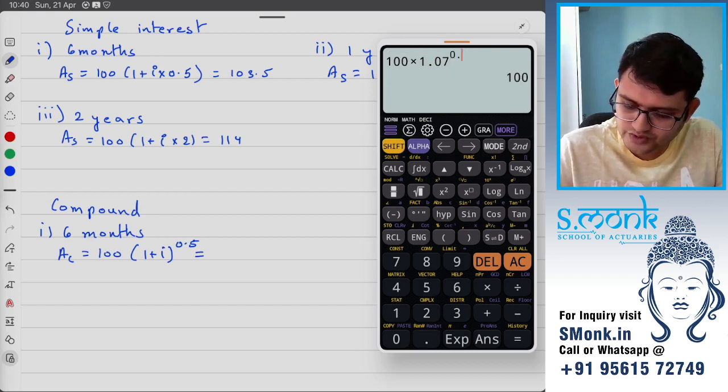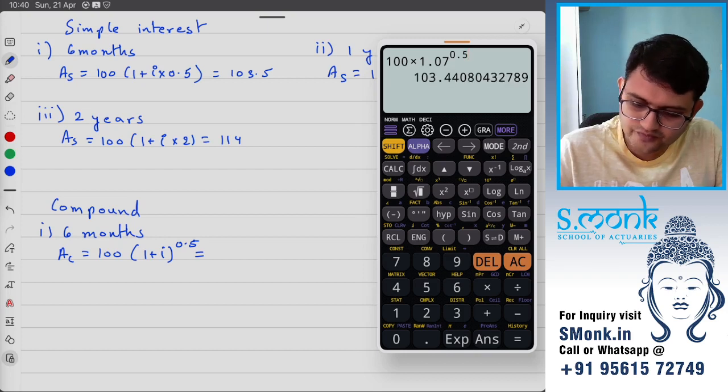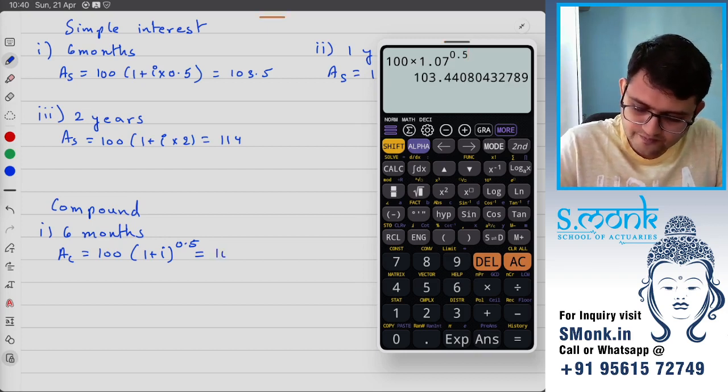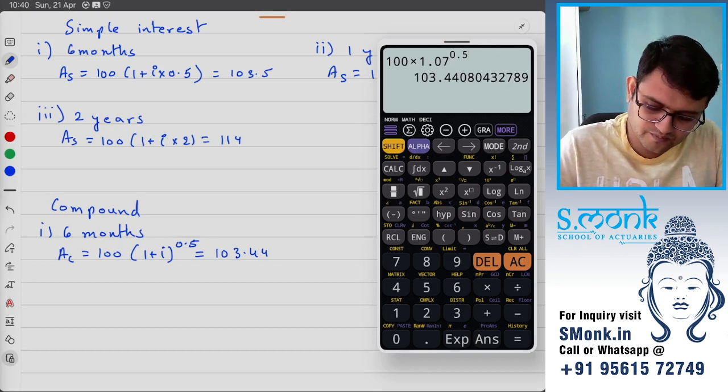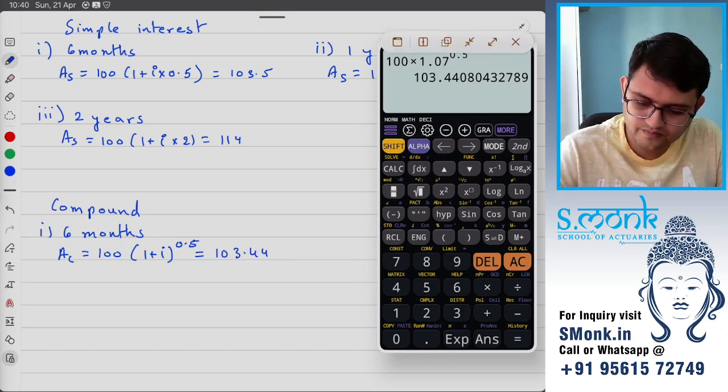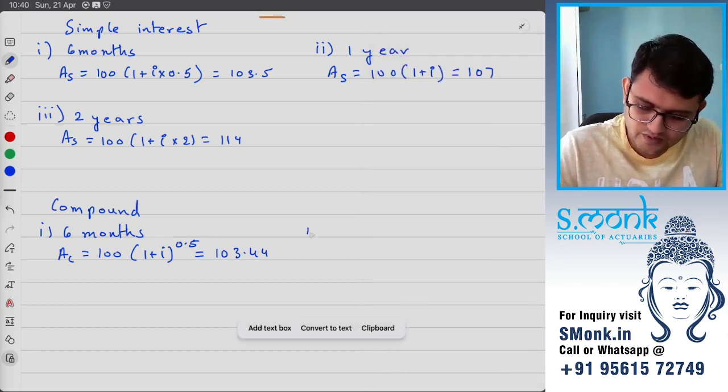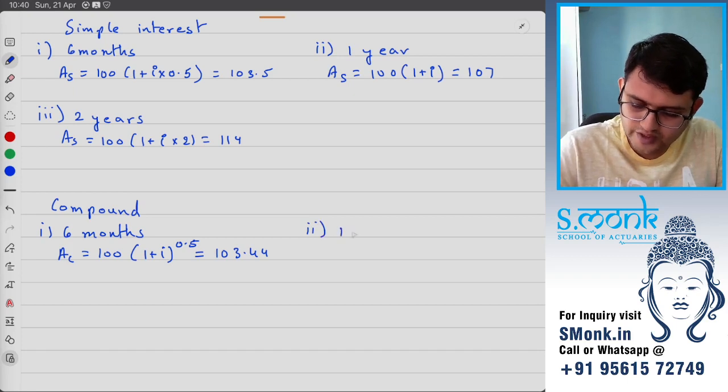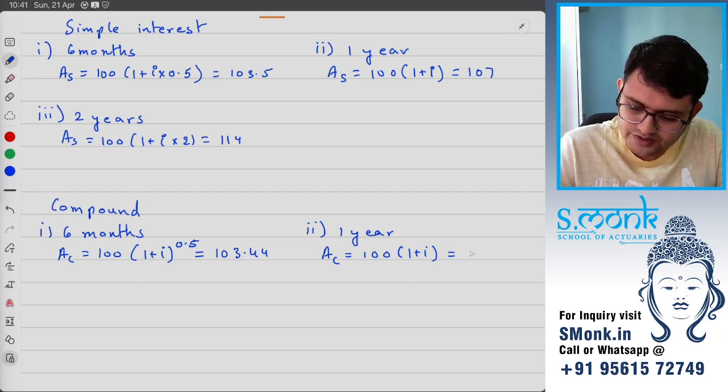Then for 1 year, it's going to be exactly the same as simple interest.